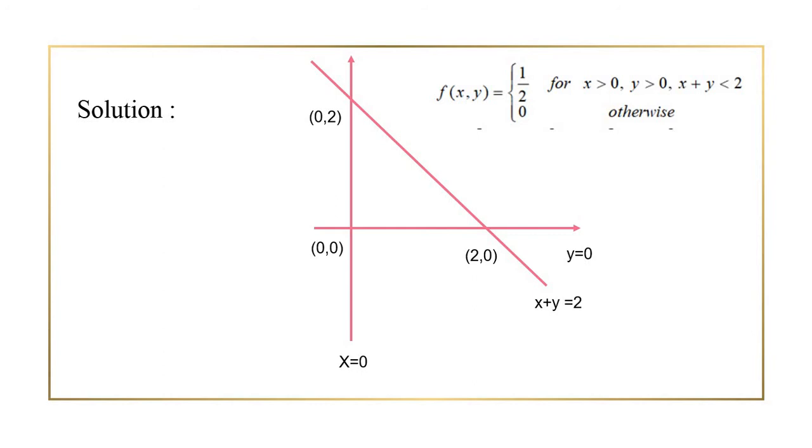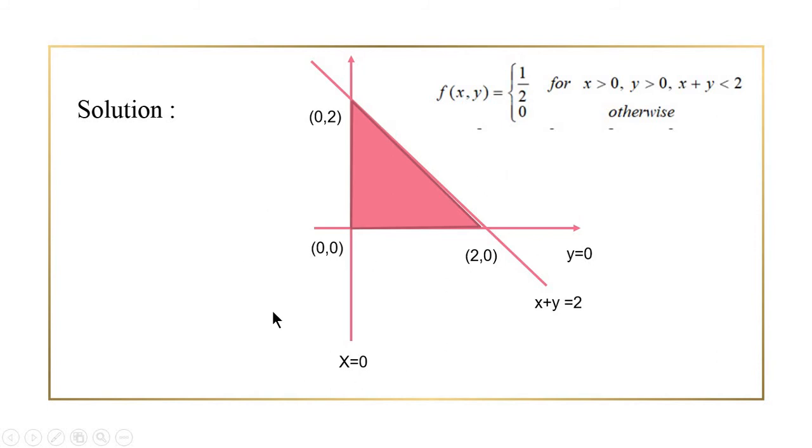Again, my question is whether the region is below this line or above the line. For that, we substitute 0, 0 in this equation. 0 plus 0 is less than 2. Therefore, the region must cover the point origin. Therefore, it must be below the line, which includes the origin.